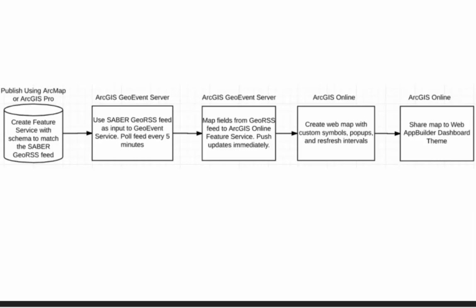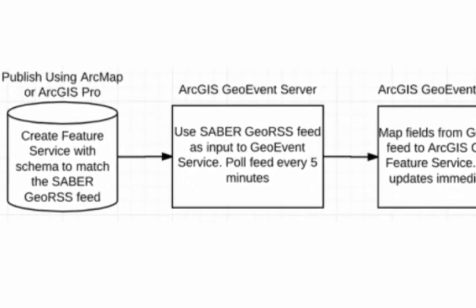So basically, we started by creating an empty feature service, and you can do this with ArcMap or ArcGIS Pro to create your data with a schema that matches the SABER Geo RSS feed. So then we use Geo Event Server. It's another product of Esri's, and we created an input to poll the Geo RSS feed every 5 minutes.